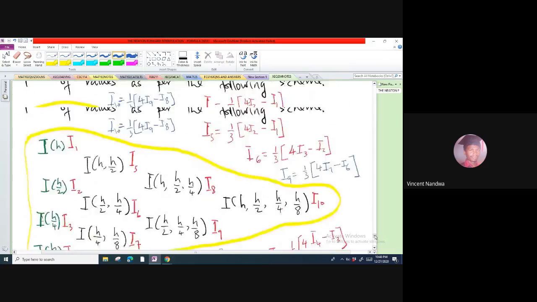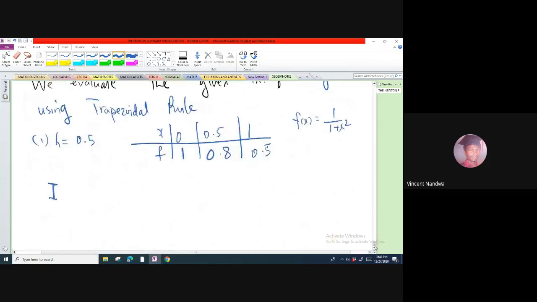So we call that one I1. I1 is given by the integral from 0 to 1 of dx over 1 plus x squared, and the trapezoidal rule is h over 2 into f0 plus f2, plus 2 f1.